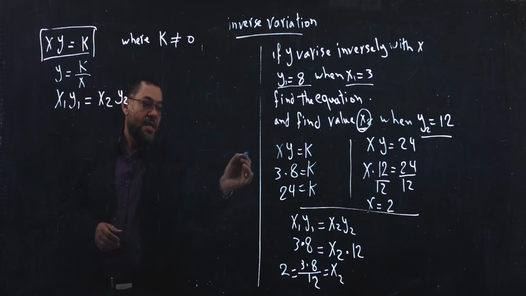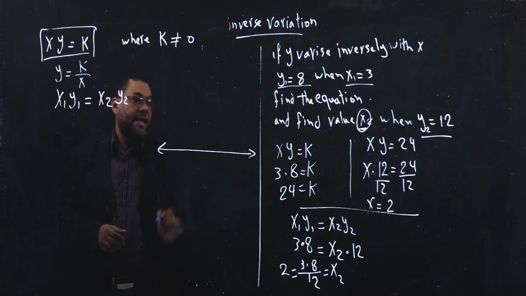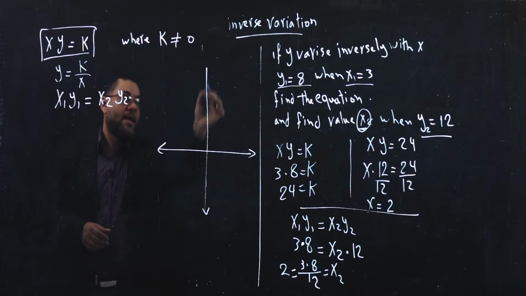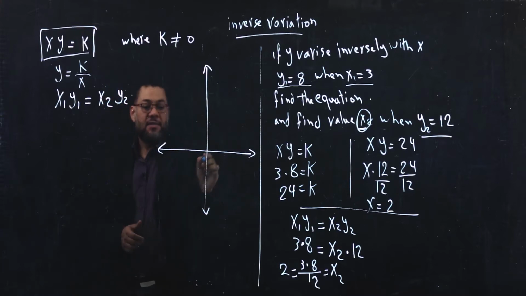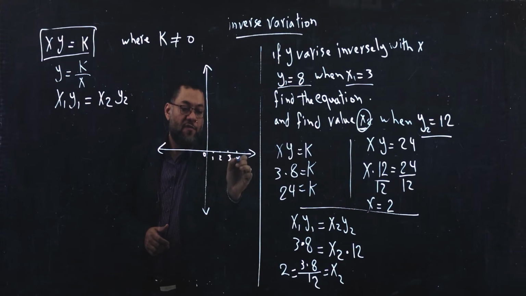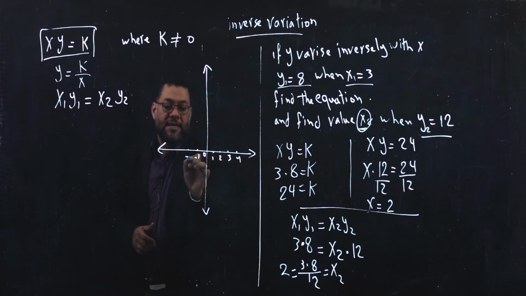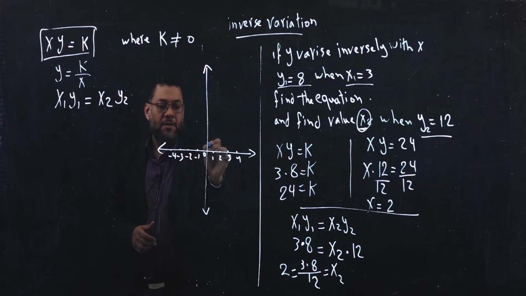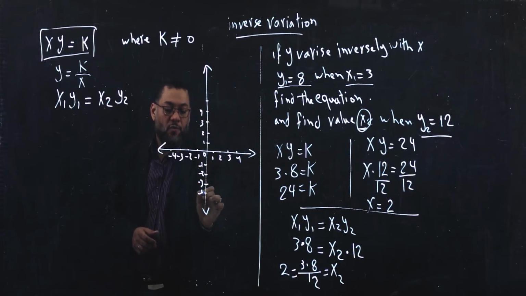Look at this. If I have the x-axis and y-axis, this is the origin point, of course. 1, 2, 3, 4, and so on. Negative 1, negative 2, negative 3, negative 4. Up: 1, 2, 3, 4. Down: negative 1, negative 2, negative 3, negative 4, and so on.